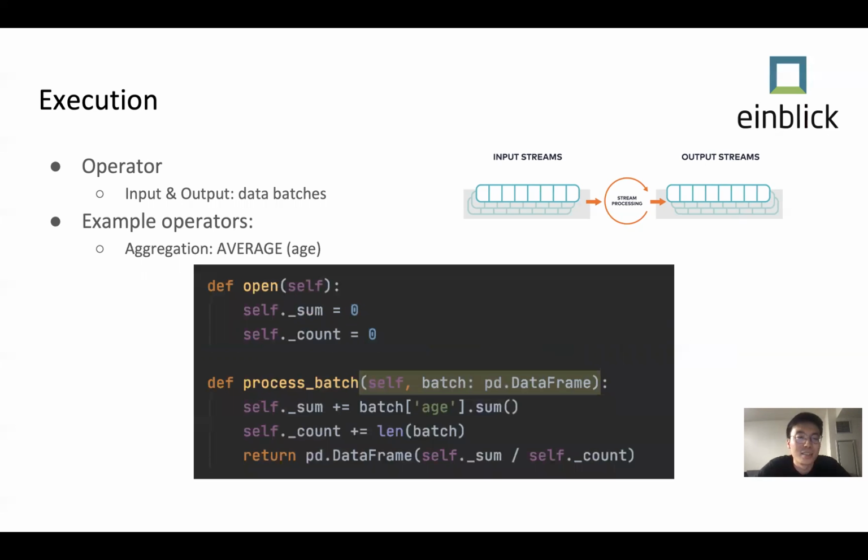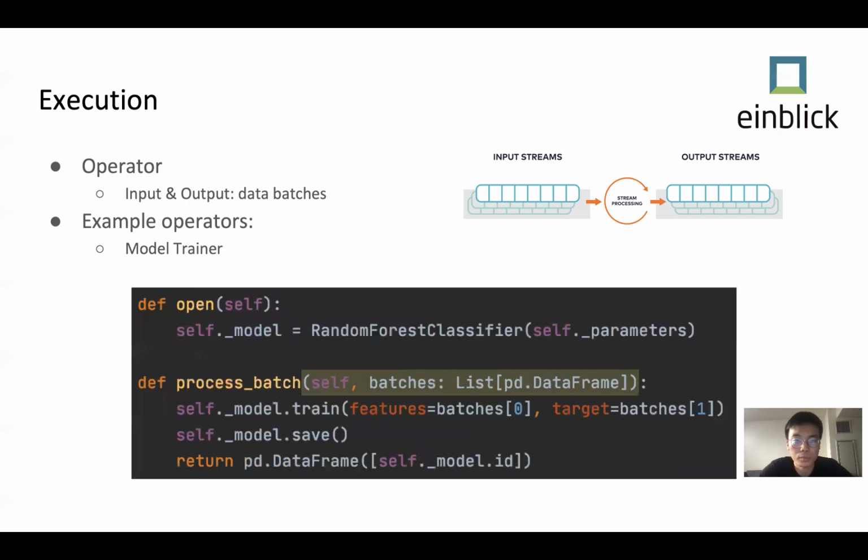The second example is the average aggregation operator. It's a little bit more complicated because we have to initialize some states in the initializer. You can see that we initialize sum and count, and we accumulate sum and count over time, and we return the current estimated average after each batch.